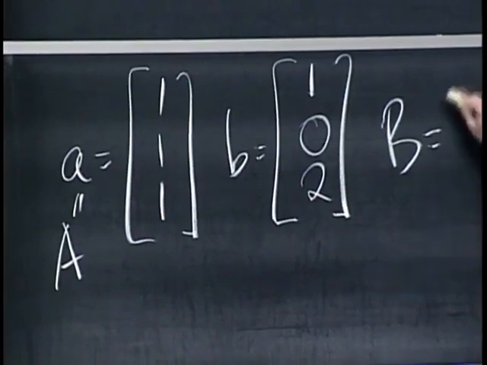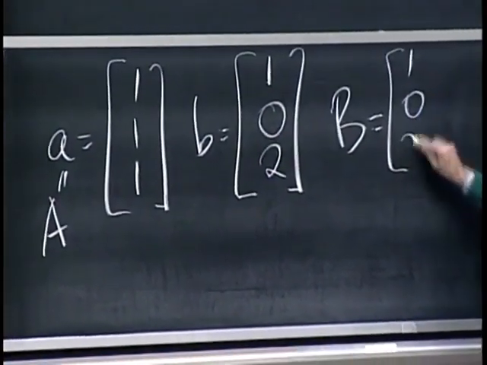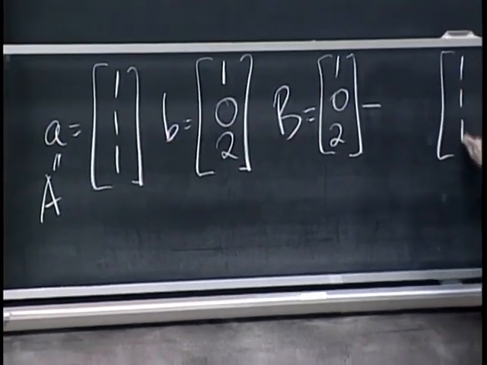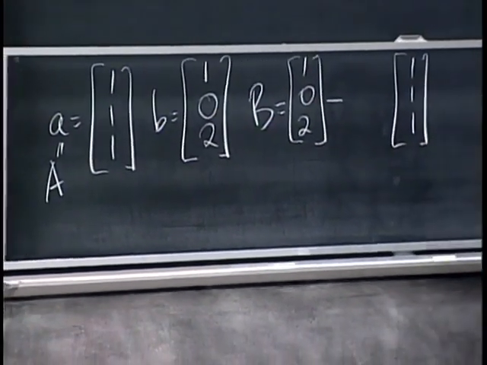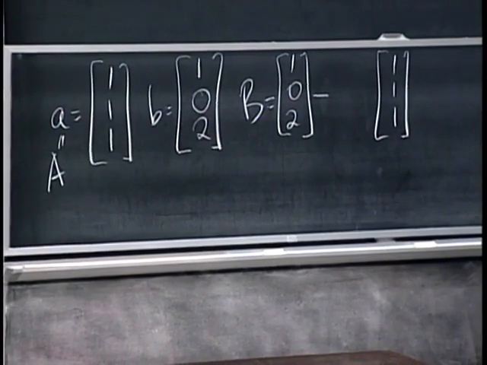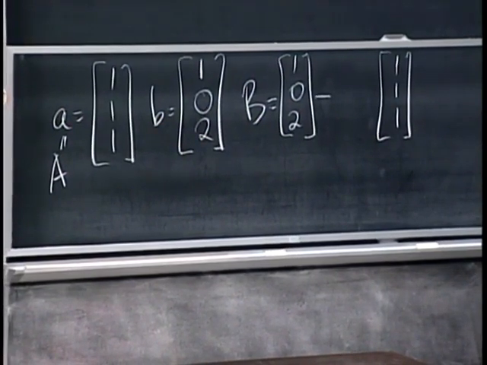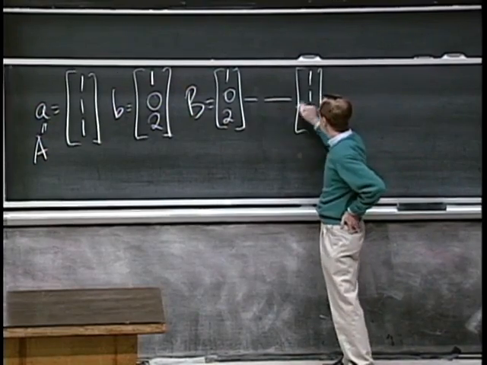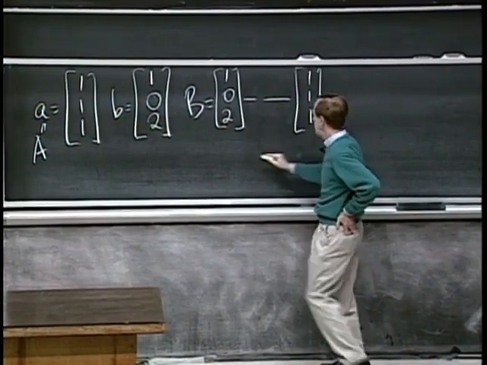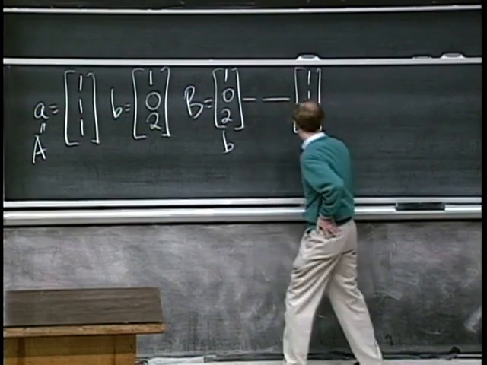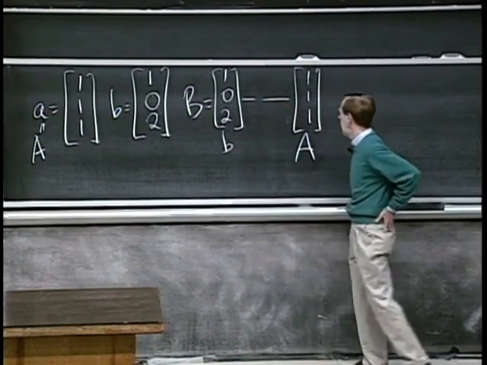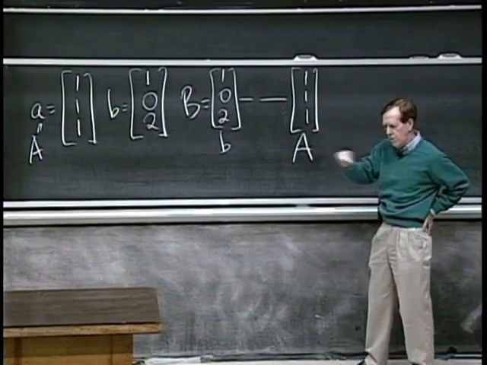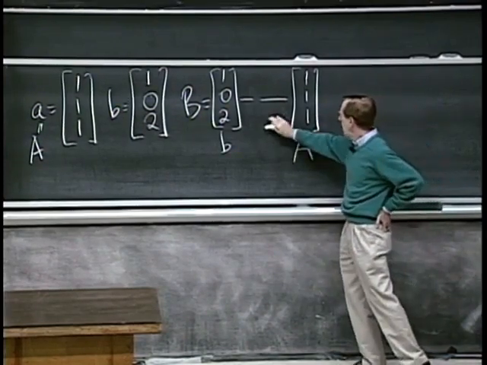So B is the original B, and then I subtract off some multiple of the A. And what's the multiple? What goes in here? Here's the A. This is the little b, this is the big A, also the little a, and I want to multiply it by that right ratio, which has A transpose A.